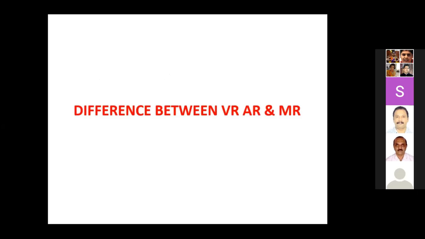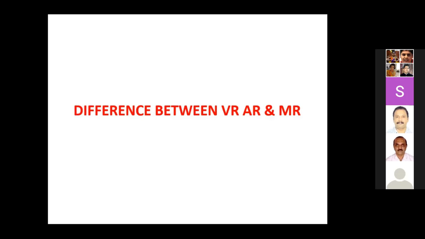So this is just a difference between VR, AR, and MR technology. VR, virtual reality, requires the 3D model that is created to be there. So 100% by volume, that 3D model should be available in virtual reality software.